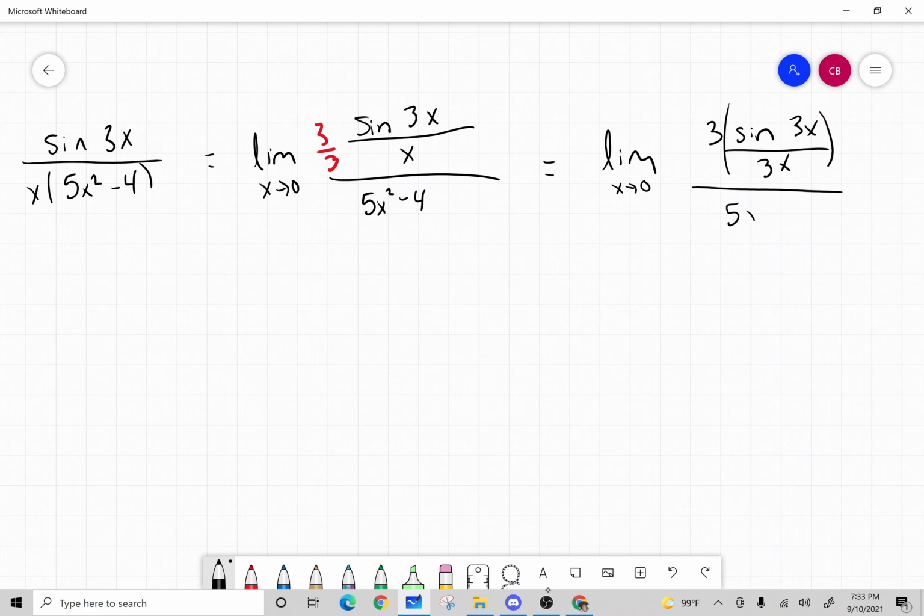Okay. Now we can take this limit because we know this thing approaches 1, because we have that rule from earlier. So when we take the limit, we now have 3 times 1 over 5 times 0 minus 4, which is equal to negative 3 over 4.